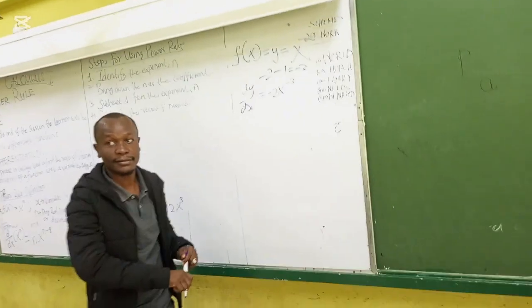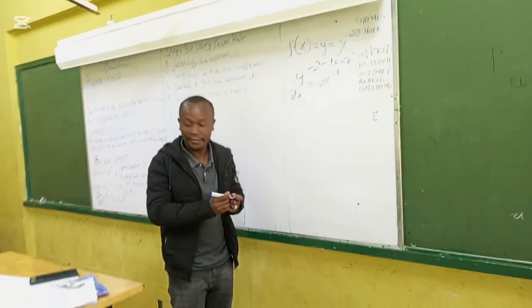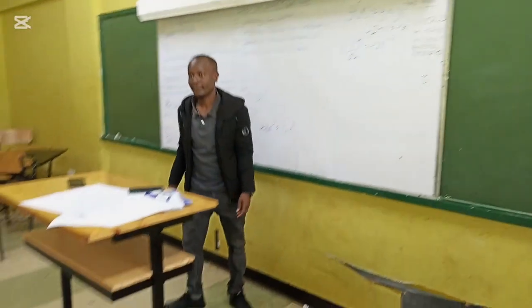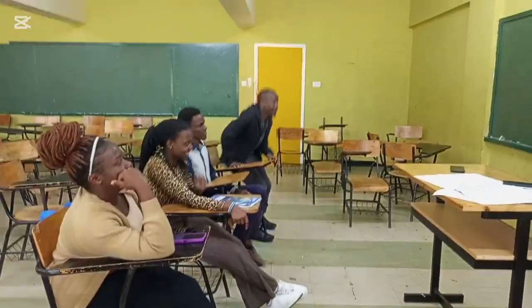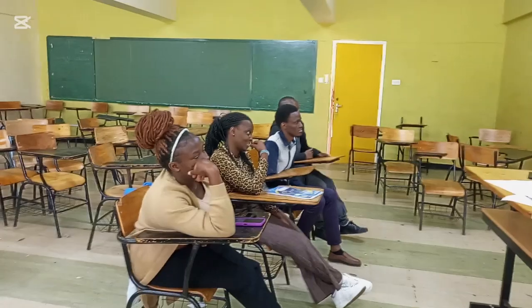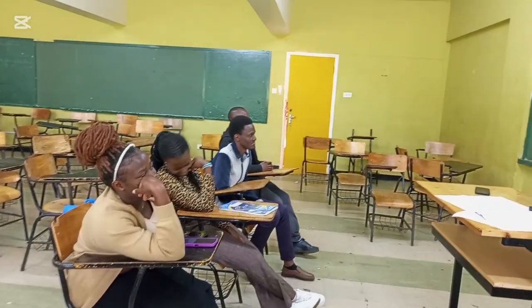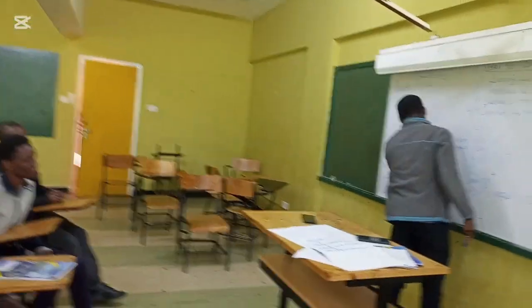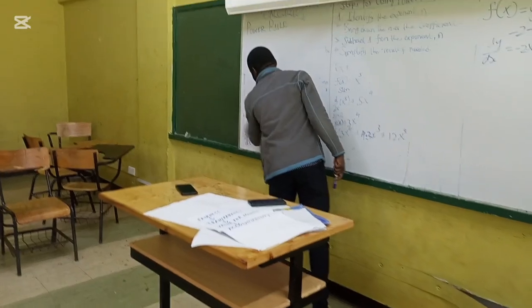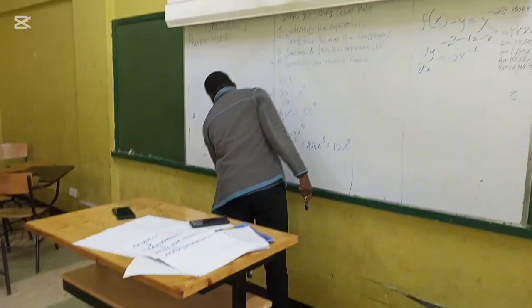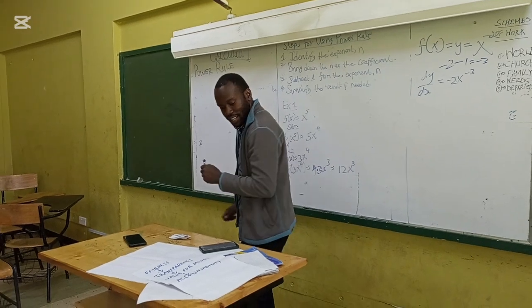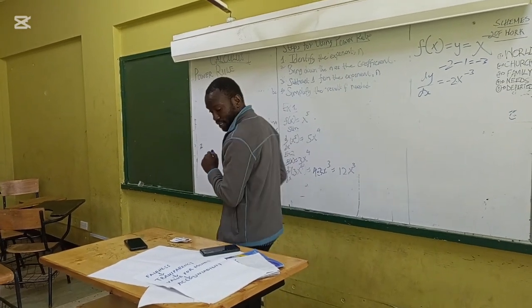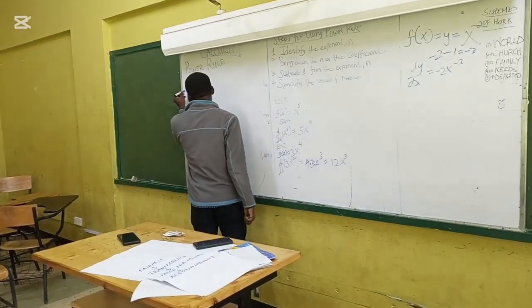Is that understood? Yes. So let me give you the next example for the next person. We are going in order. This one is a bit more tricky, but you can handle it.